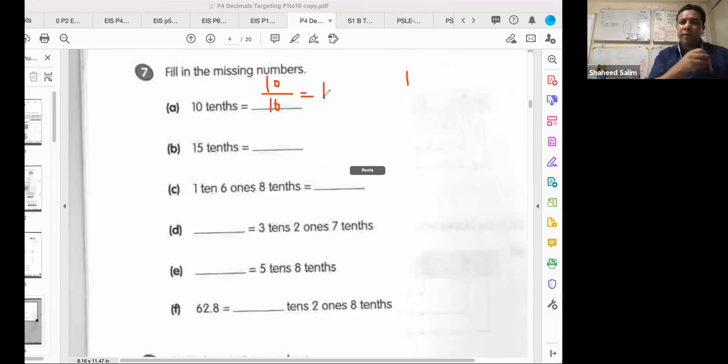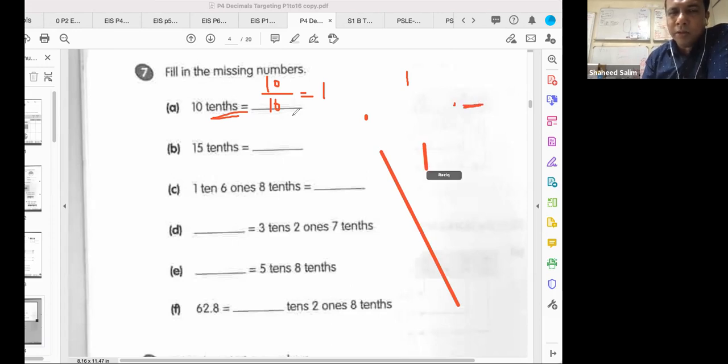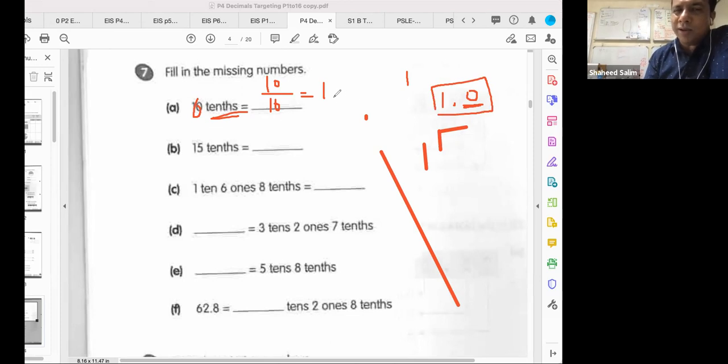Now, how to write it? When you have tenths down here, remember you must put the dot. One blank on here. You dot and one blank. So put the last one, the 0, at the end, and then beside it the 1, 1.0. This is 10 tenths. It's the same as 1.